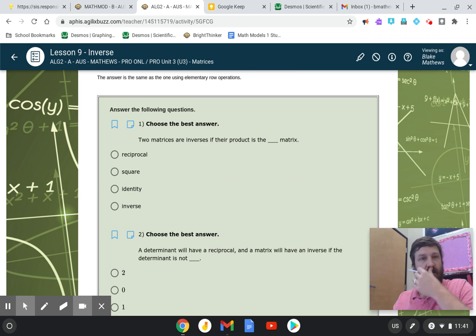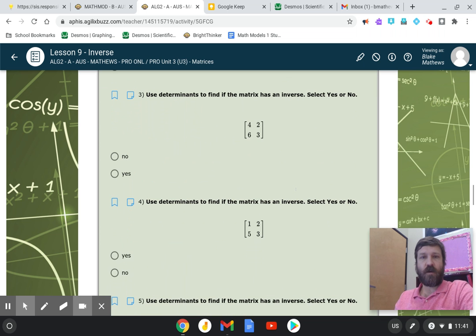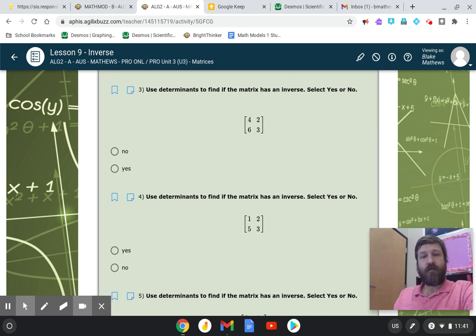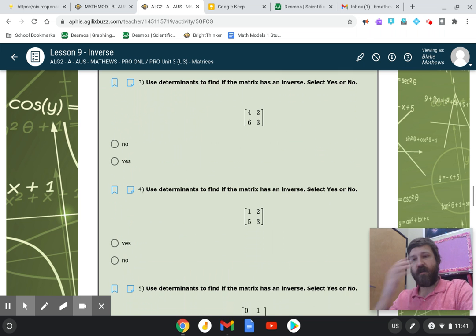So a lot of this is just incorporating stuff from previous lessons and then using it in conjunction with each other, doing different things that we've already learned and then applying it into this situation. So a couple things we need to talk about first of all. First few questions just say, use the determinant to find if a matrix has an inverse. Okay, I'll remind us briefly of something we talked about in a previous lesson.